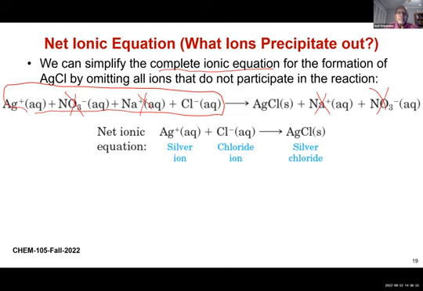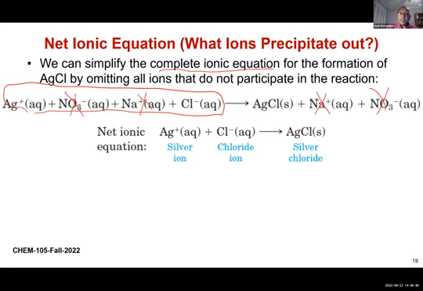They are called spectator ions. Spectator ions means they didn't undergo any change. Spectators are those who don't participate in a sport event. The sodium and nitrate ions cancel out because they are not involved in the precipitation reaction.